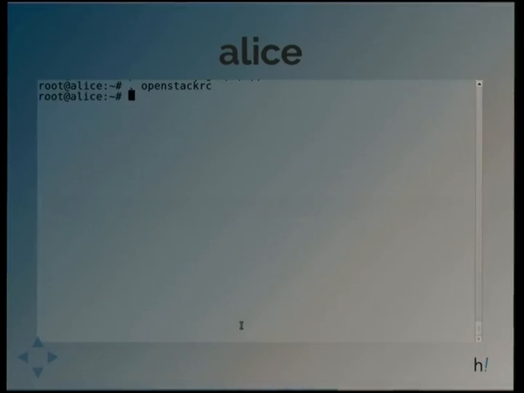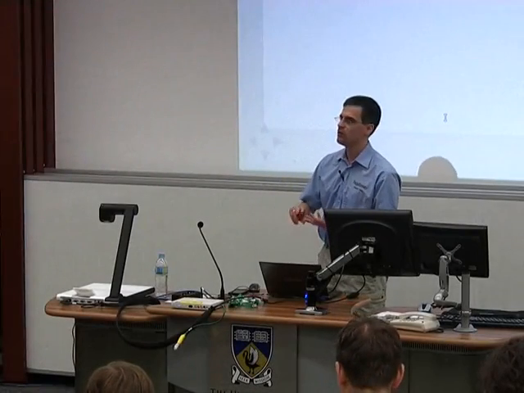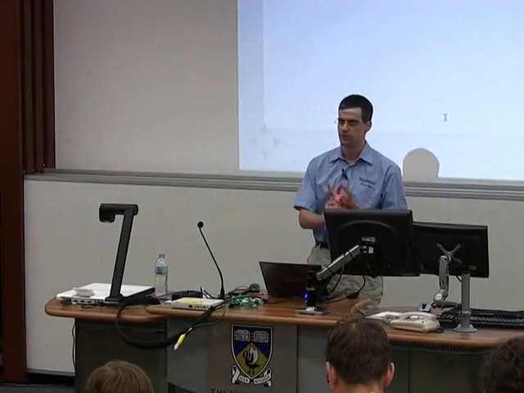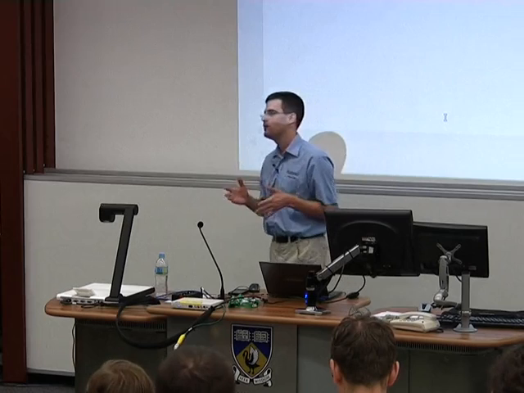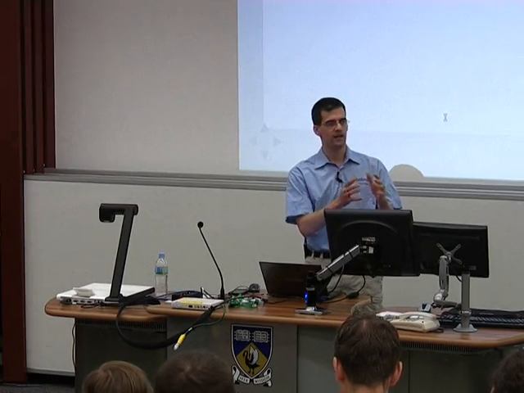And this includes the way that we set information like what's my username, what's my tenant, what's my password, what's my authentication endpoint. I should mention what a tenant is. OpenStack is fundamentally a multi-tenant system. That means that you can logically segment your cloud into areas that are only known and seen by users in that tenant.